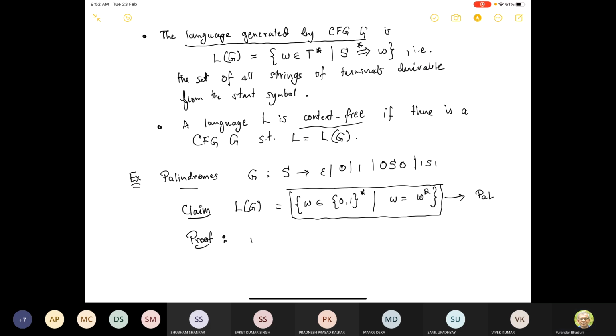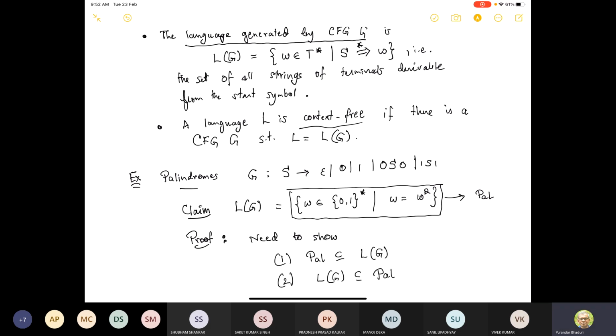One, so we have to show that these two sets are equal, which means we have to show inclusions both ways. So we have to show the set of palindromes is contained in LG, and two, LG is contained in PAL.